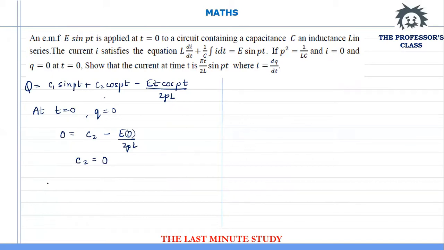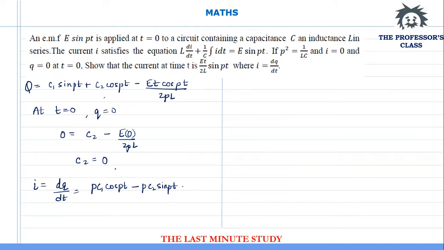Now again, the next thing given is about the current. The current is also 0. So current is basically, we have seen, dq by dt, the rate of change of charge. So I need to differentiate this equation, which will be PC1 cos PT plus PC2 sin PT. This will be minus because the differentiation of cos PT is minus sin PT.